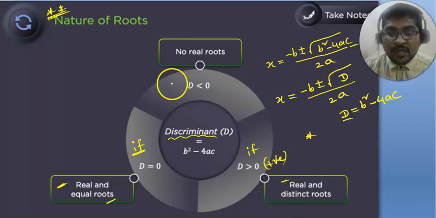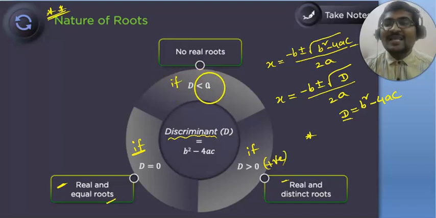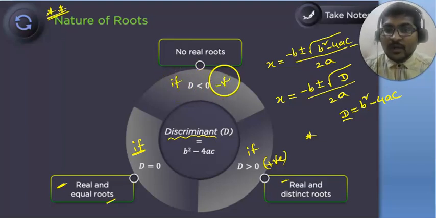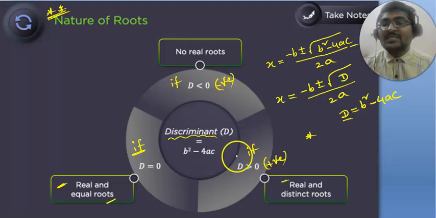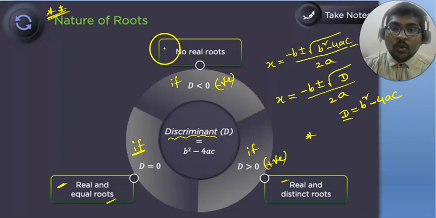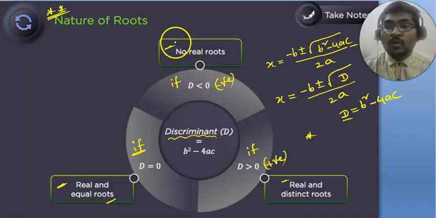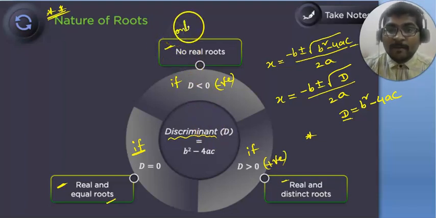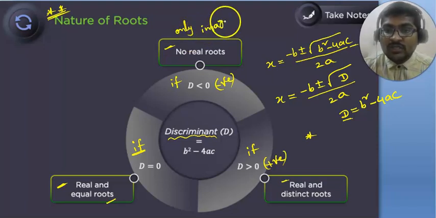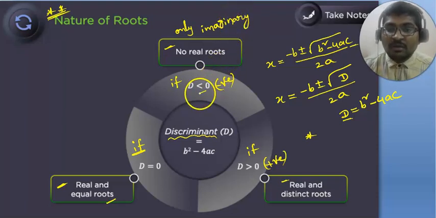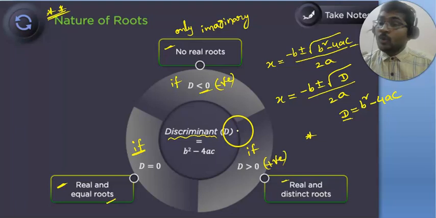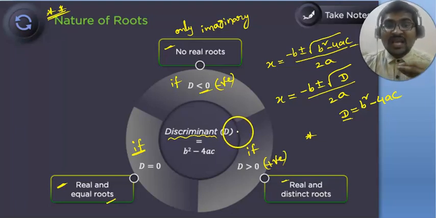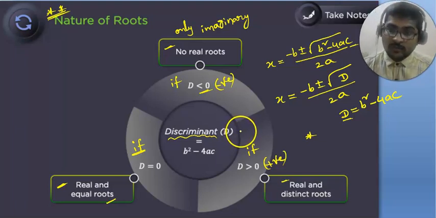And also, if discriminant is less than 0, that means negative, no real roots, only imaginary roots.